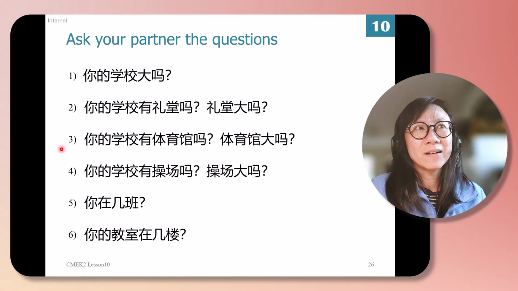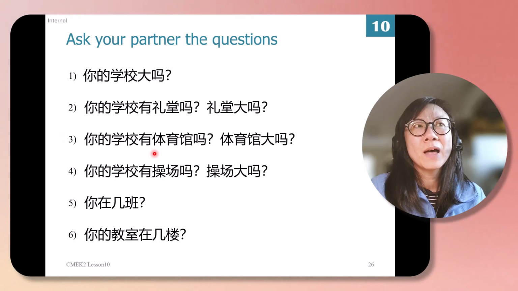第三个，你们学校有体育馆吗？体育馆大吗？ Now, if you can figure out the meaning of question number 2, now there's only one replacement of one area in question 3.